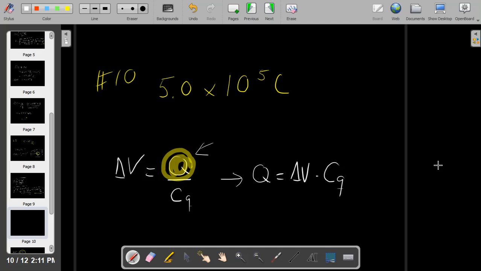What do we have? What do we need? They give us the capacitance, but they did not give us the change in electrical potential. That means we need to find that. How do we find that? Well, they give us information for speed, but if you remember, the formula that allows us to calculate the change in electrical potential looks like this.